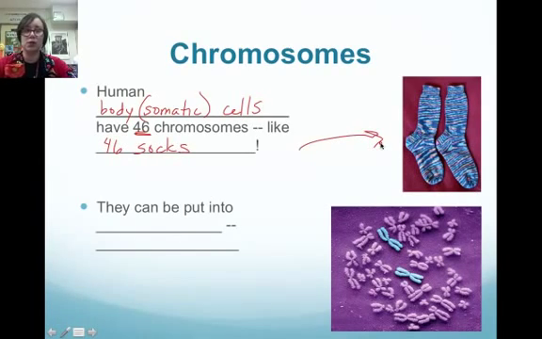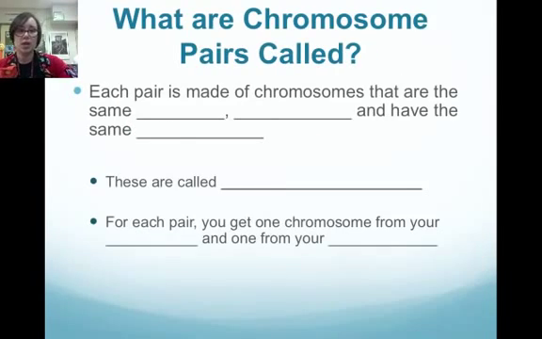These socks over here. Now, these socks, or these 46 chromosomes, can be put into pairs, and in fact, they are put into pairs. So instead of just saying that we have 46 chromosomes, we could also say that we have 23 pairs. Or instead of saying that we have 46 socks, we can say that we have 23 pairs of socks. Now these pairs have a specific name.